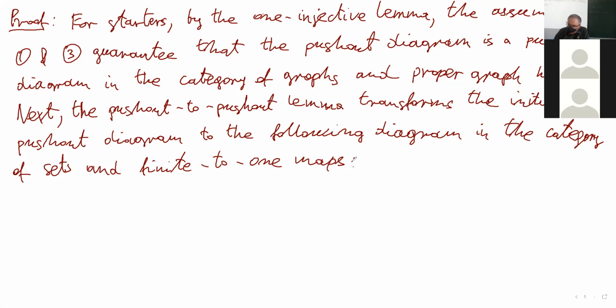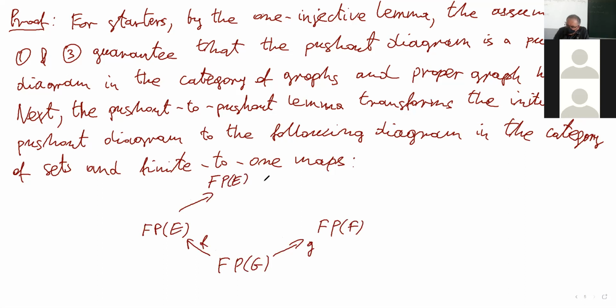Okay, so here we have our space of paths in E, our space of paths in F, our space of paths in G. Here we have the induced maps, F and G. Well, and here I have a push-out, FPE over FPG with FPF.